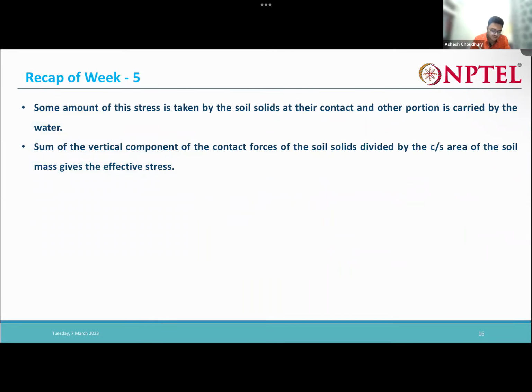So some amount of stress is taken by the water, whatever we discussed. The sum of the vertical components of the contact forces of the soil solids divided by the cross-sectional area of the soil mass is the effective stress. Okay, we will discuss that.